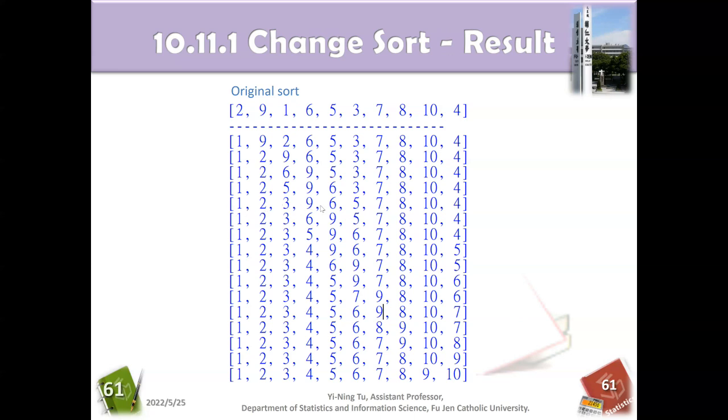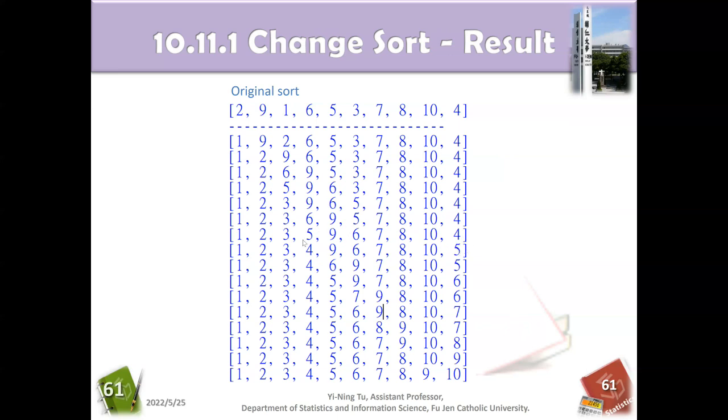So to this line, it means j will be fixed. Now next, 9 and 6 change again, and 5 and 6 change again, until 5 meets the 4, then exchange. So 5 will move to this position.